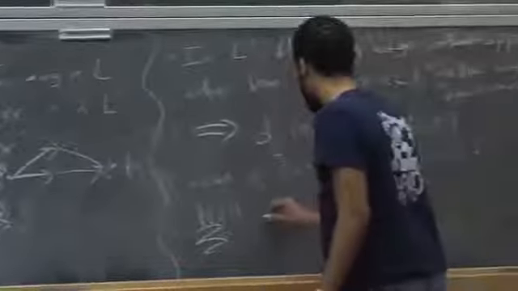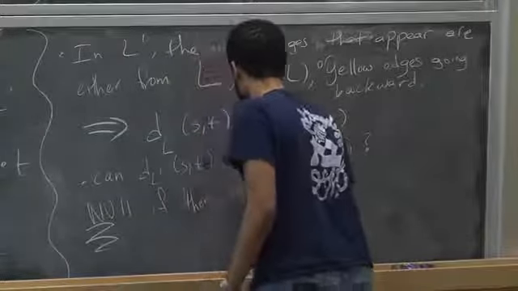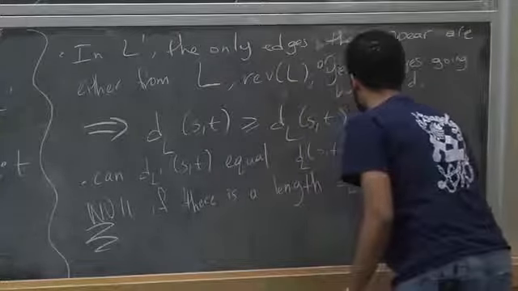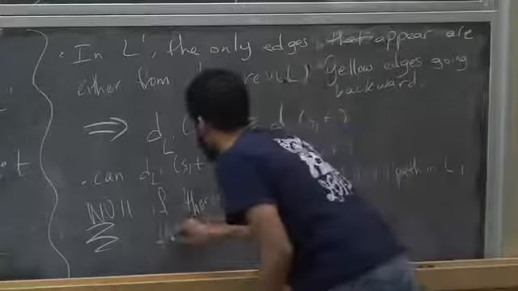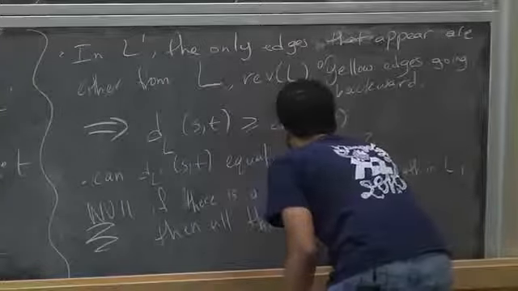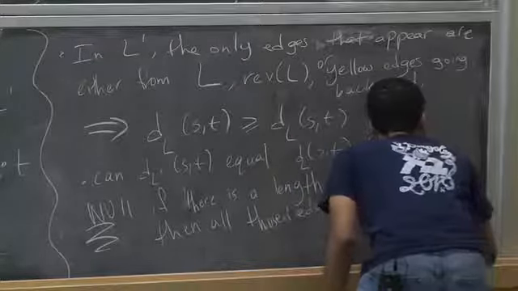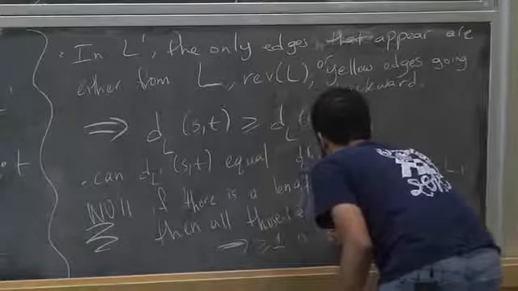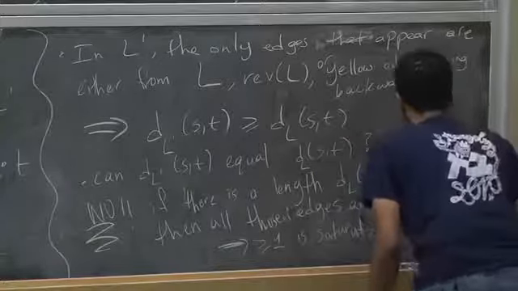So if there is a length d_L (S,T) path in L prime, then all those edges are L edges. That implies at least one is saturated by our blocking flow. So this is a contradiction.